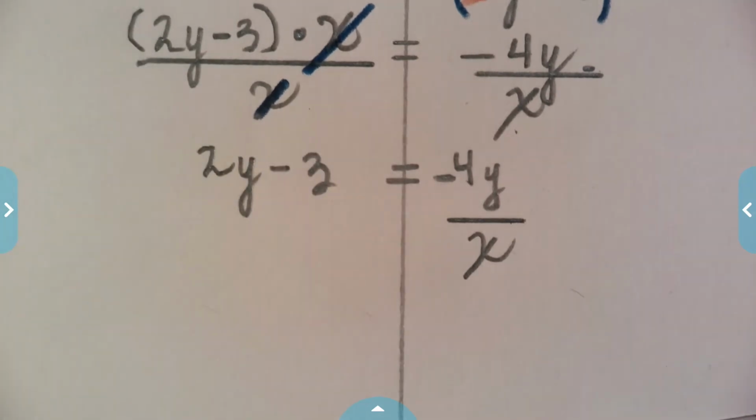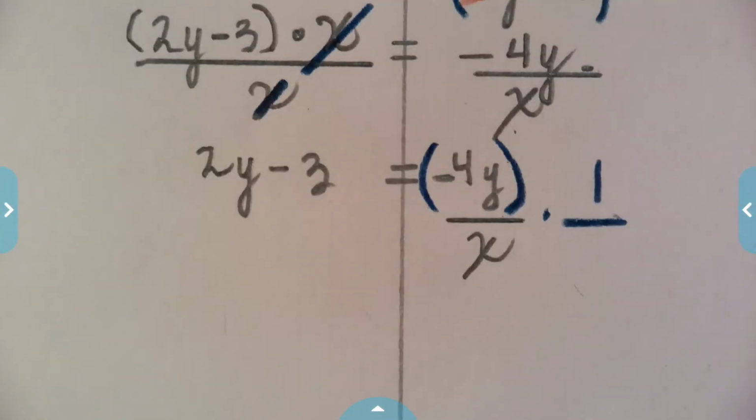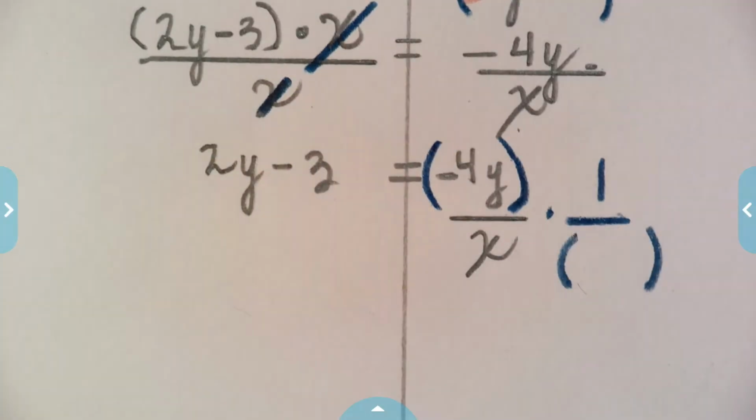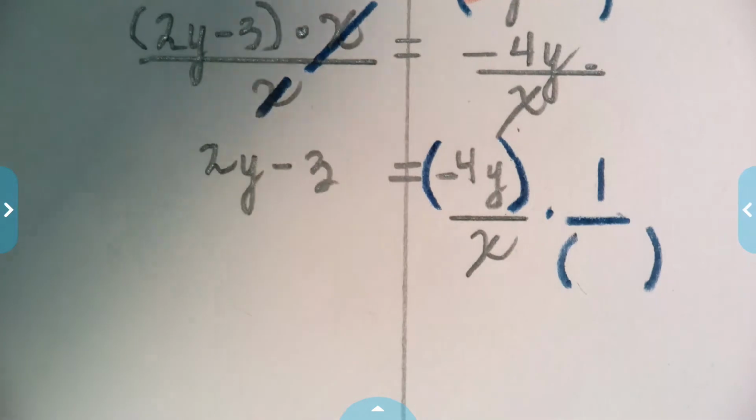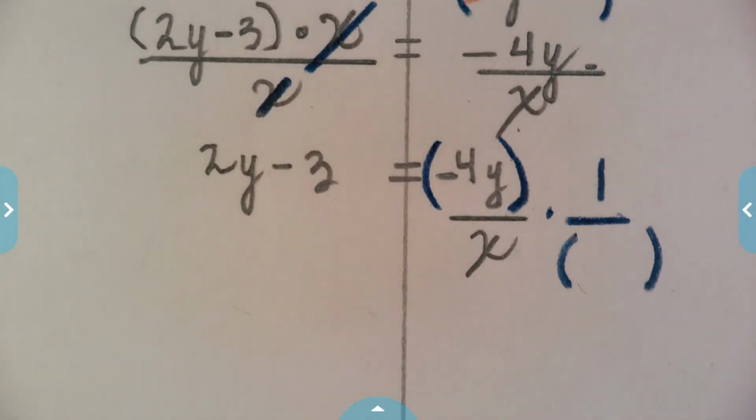Okay, so what should I do next? Well, I definitely think what I should do next is take this and multiply by 1 over that thing, right? So you see what I'm doing here? I'm going to multiply by 1 over that, and that'll allow me to get rid of it on the right side. So I'll have negative 4y.